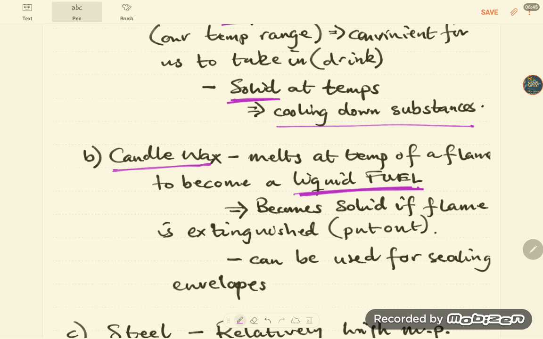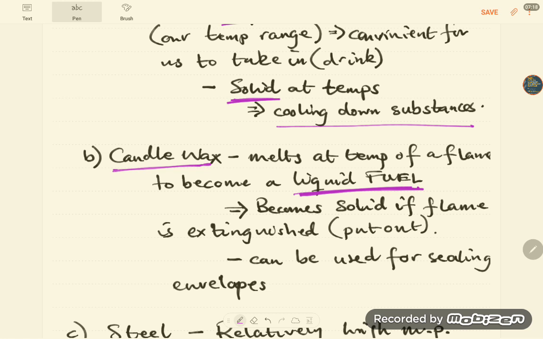So when we have candle wax, in our particular case, the emphasis is to produce light. When you have a candle wick, it derives its fuel from the molten candle material, which then burns and produces the light that we need. Because it's easy to melt, it's very convenient for us to produce light without having to put a lot of heat in.